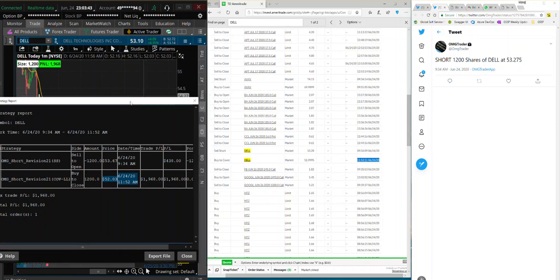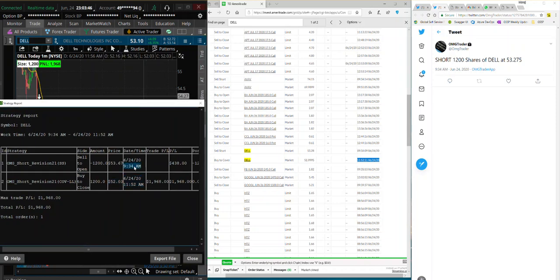Thinkorswim told me to short at 9:34, I did at 9:34, and I also posted on Twitter at 9:34 to short Dell at 53.275. And later on, it told me to cover at 11:52.